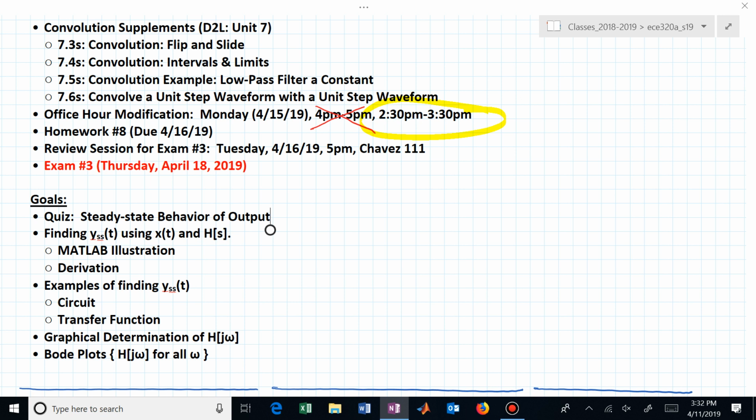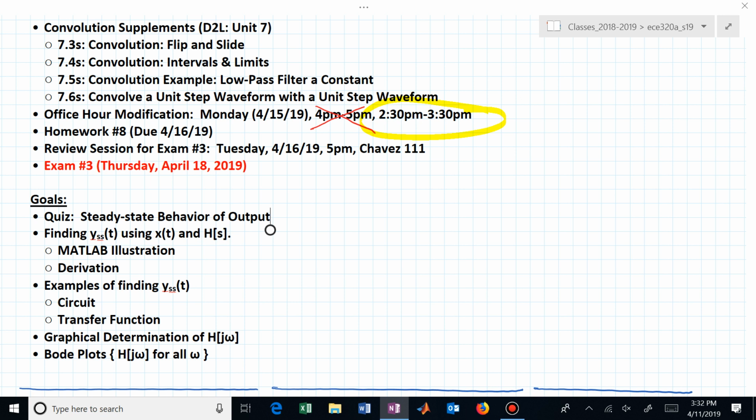And I know that you are really enjoying your MATLAB material, so I wanted to put a little MATLAB into this class so that you could see visually what the output looks like in sinusoidal steady state. We can generate that rather quickly with MATLAB.